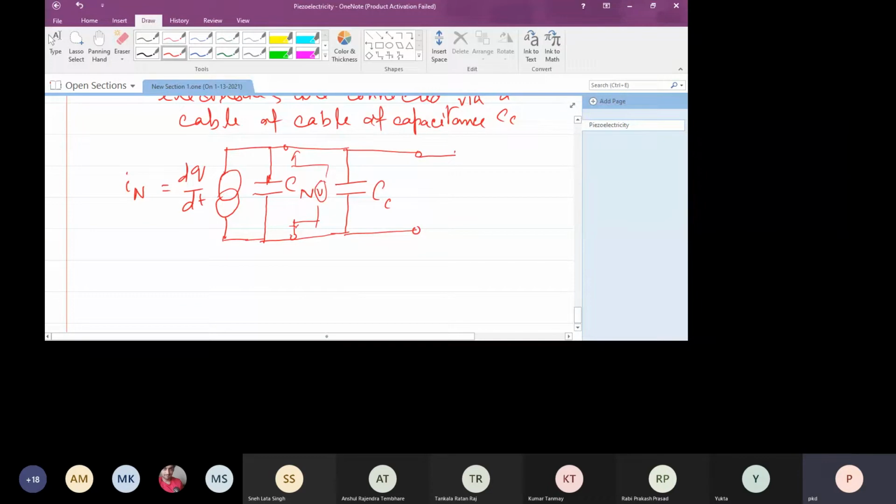Because here our model is a current source, that is fed to an integrator to make it a proportional charge. And to make this model correct, there is one parallel resistance which is of very high value.